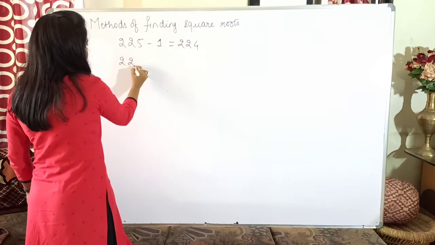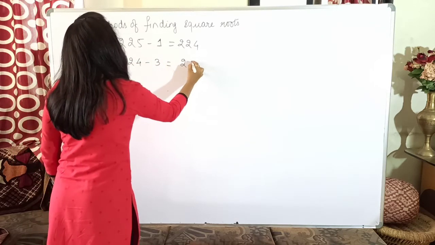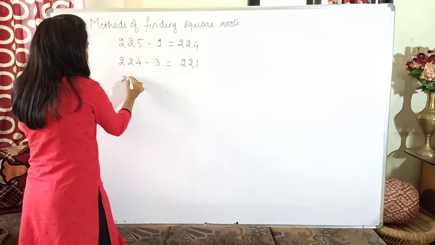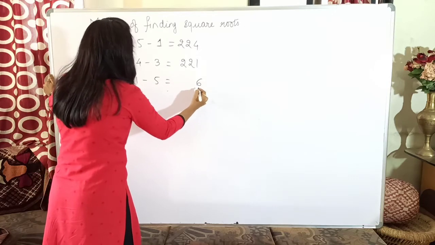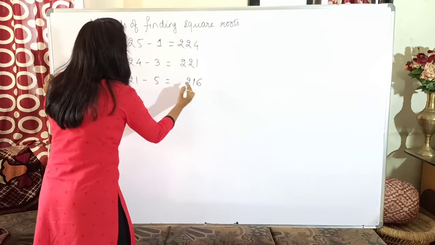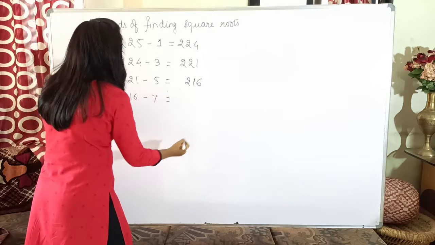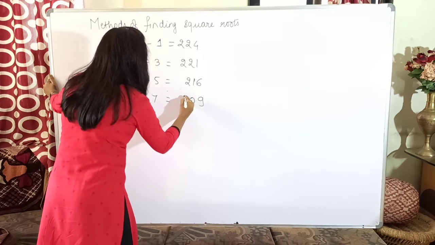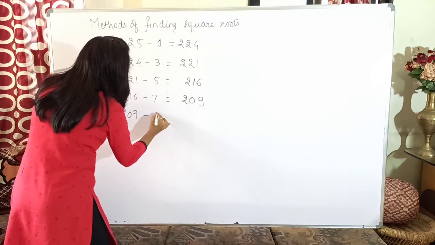Next odd number, 3: 224 minus 3 is 221. 221 minus the next one, 5, is 216. 216 minus the next odd number, 7, is 209.